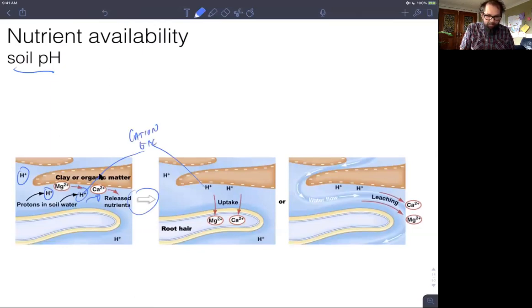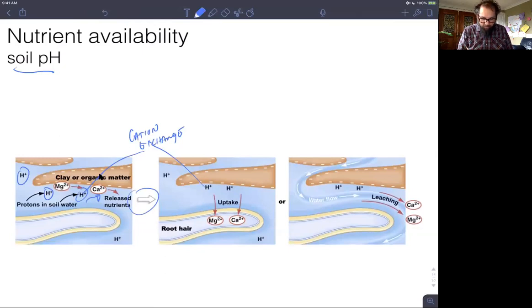I'll come back to this a little bit later. But cation exchange is one way that these positively charged ions can be made available, even in a clay soil.